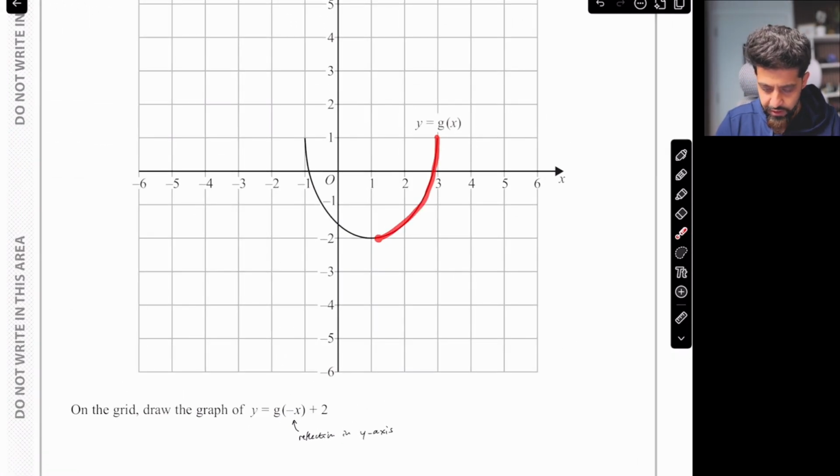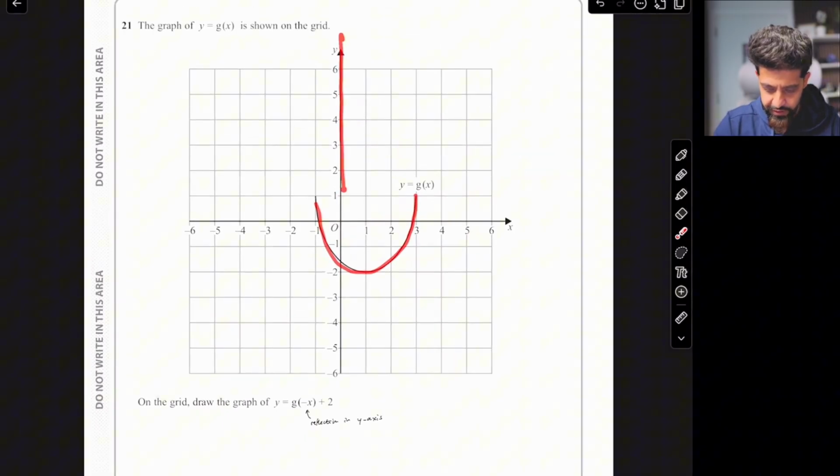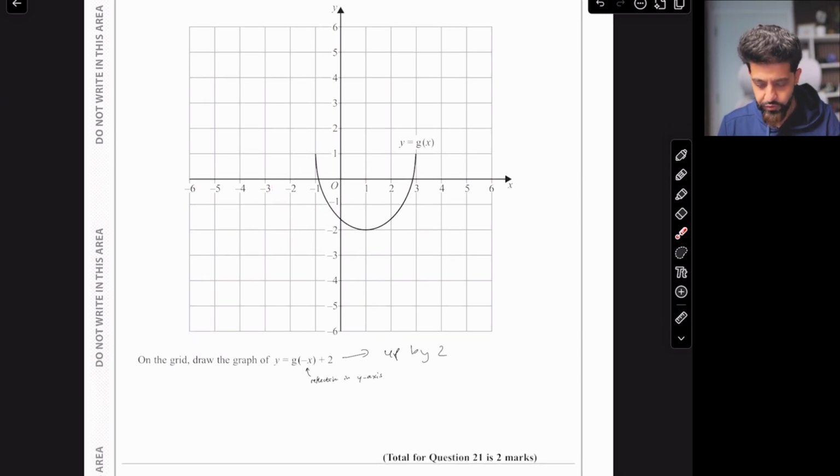So this shape is reflected in the y-axis right there. The reflection would be something like that, on the other side. And then this means it goes up by 2. So after that reflection, it's going to go up by 2. We just take one of those points and move them up individually by 2. So that's what we have to draw.